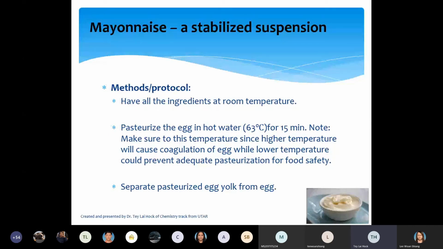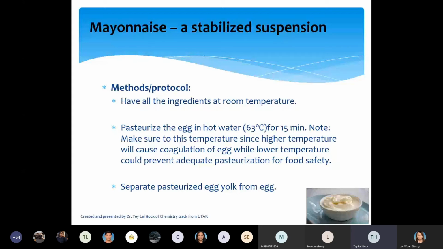Now, of course, those who have a better machine or good equipment, you can maintain a temperature at 63 degrees for 15 minutes. So after 15 minutes, you can take out your eggs and then separate them. Please take note, higher than 63 degrees, your egg will start to coagulate because that's where we're making our soft boiled egg.